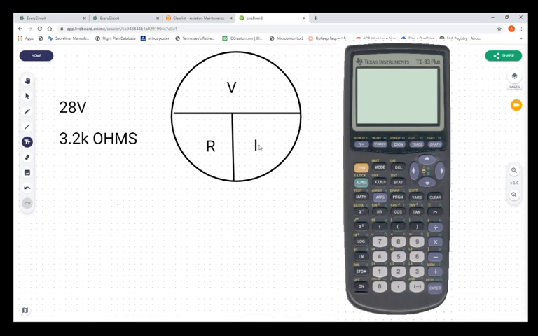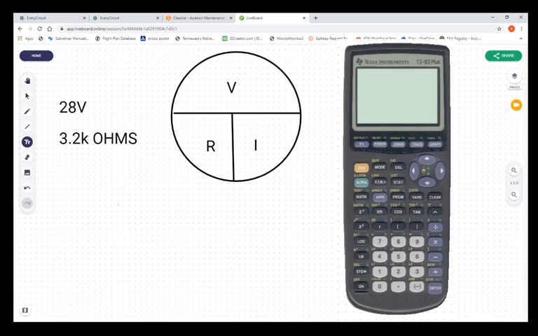Okay, here's what I like to do. For that missing variable, I take my thumb and put it right over that current. So the only elements visible to me in this power wheel are voltage and resistance. And we have voltage divided by resistance equals current.